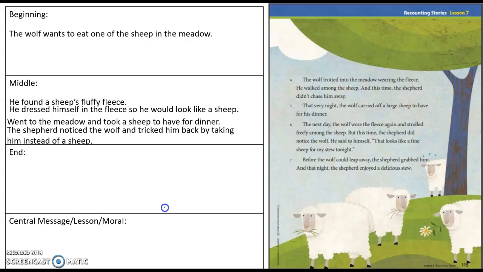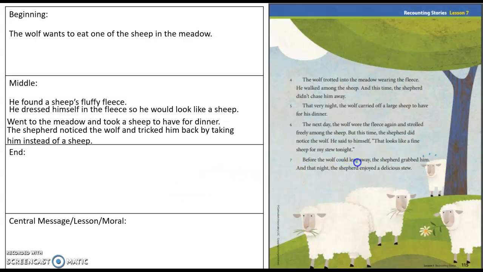It wasn't very nice of him to do. And now it looks like because he lied and because he tricked the shepherd and the sheep, he got caught, and I think he might have an even bigger problem now. Let's read the end of the story.